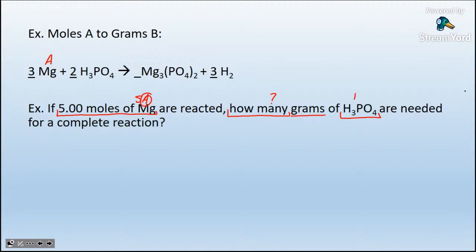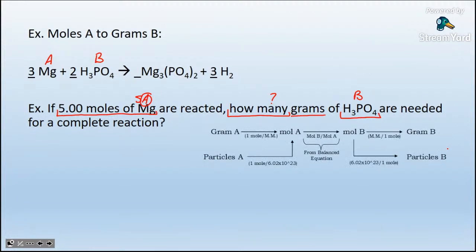So H3PO4 is what I'm trying to find. So that is my substance B. And if I think about the roadmap, I'm given moles of A, and now I want grams of B. So all I'm going to need is this section of that roadmap.